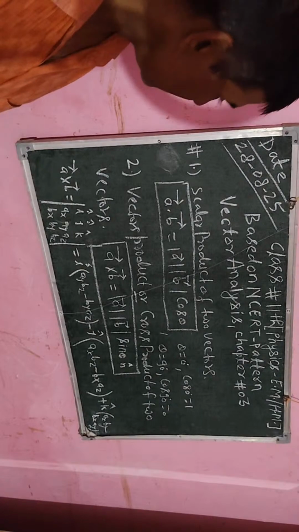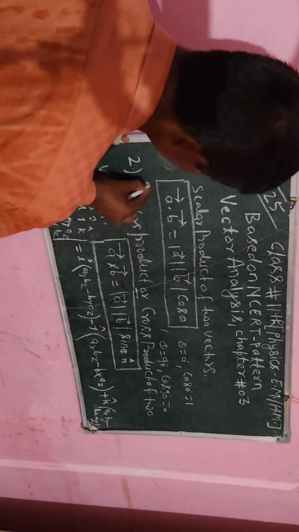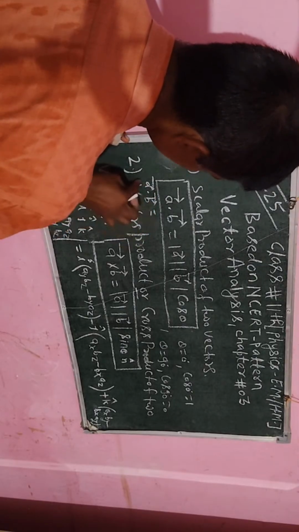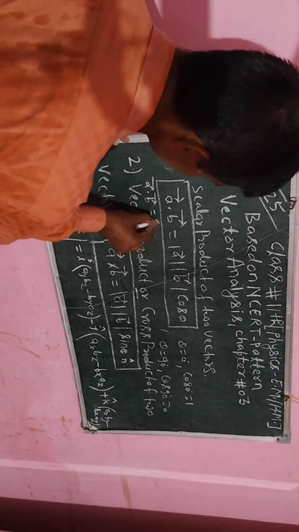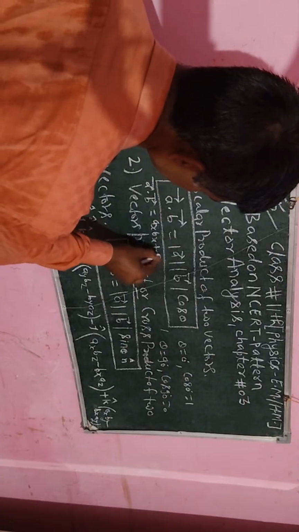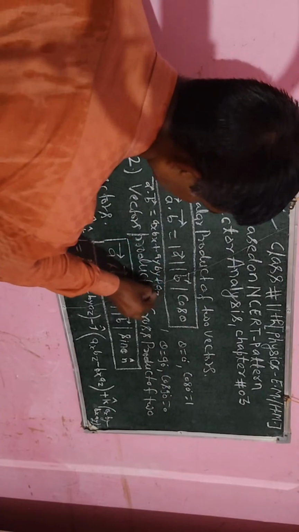a cross b. Now if the value will be a dot b, in this case I have to write ax, bx plus ay, dy plus az, bj.